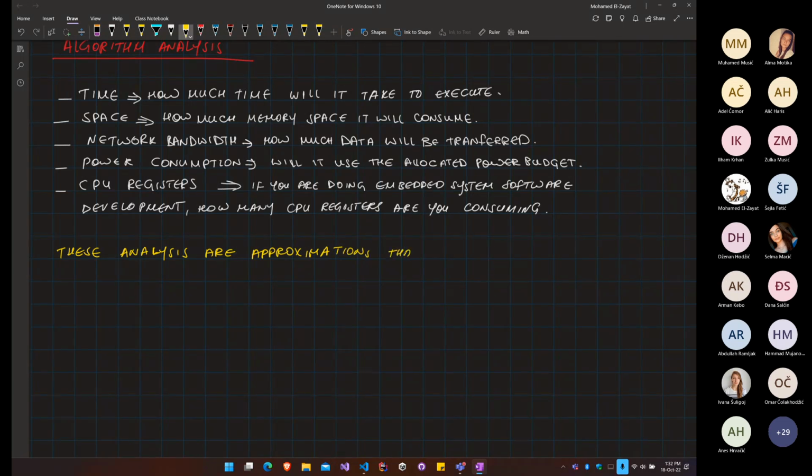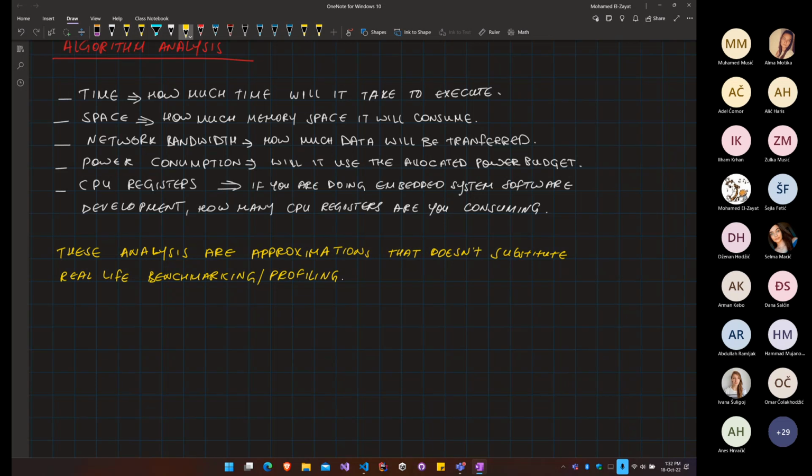That doesn't substitute real life benchmarking. You need to benchmark or profile. Okay? This is super important to understand.